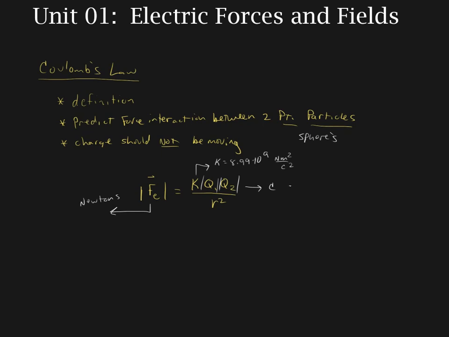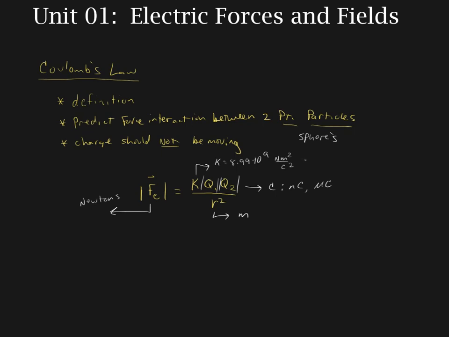Common units are going to be nanocoulombs, which is times 10 to the minus 9, microcoulombs, which is times 10 to the minus 6. But you're going to have to convert these to coulombs. And then R is measured in meters, and it's that straight line distance between the two charges.